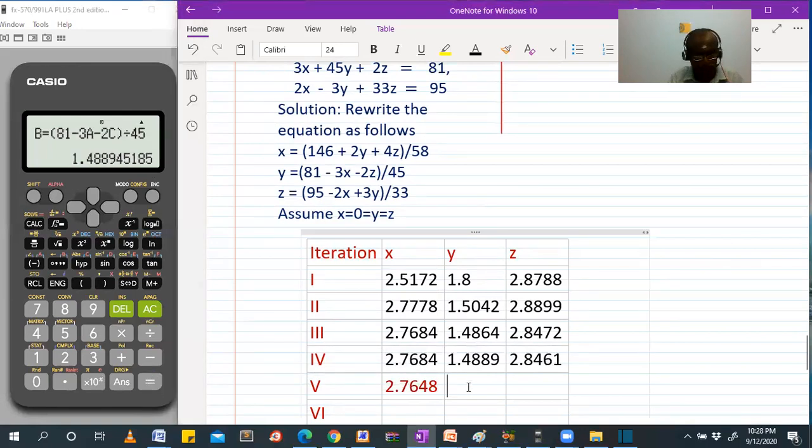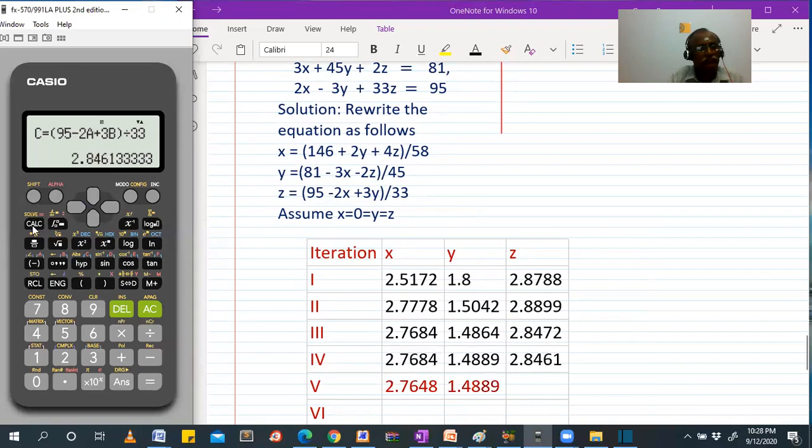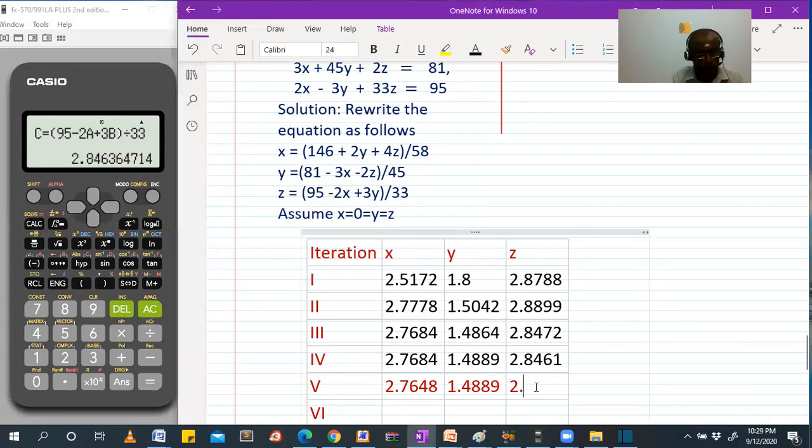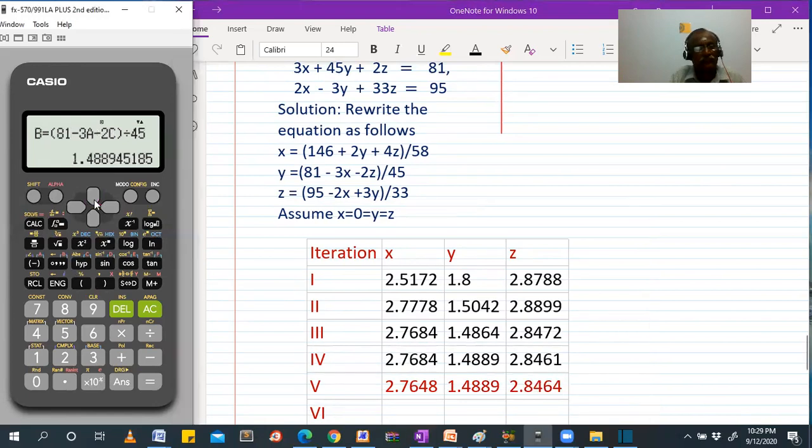It is 1.4889. Calculate c. Calc a is 2.7684, b is 1.4889. It is also okay. So it is 2.8464. Repeat.